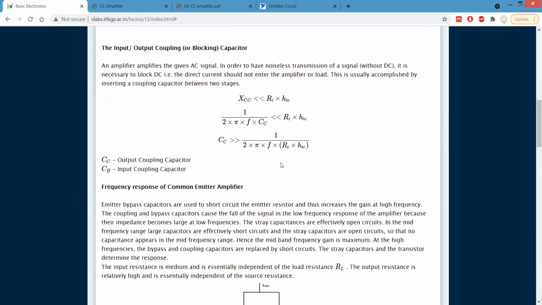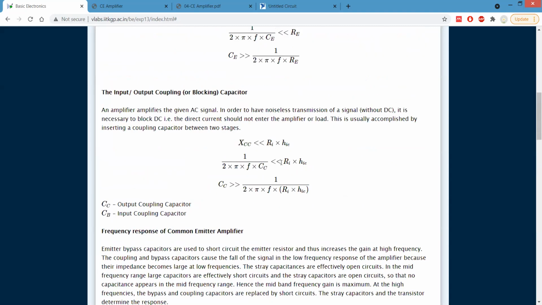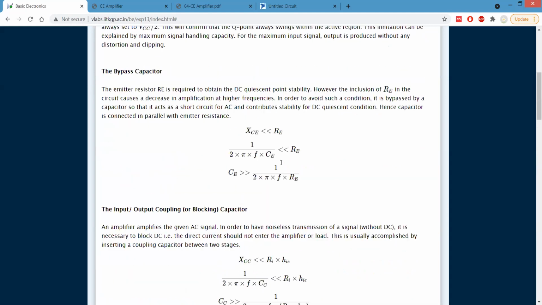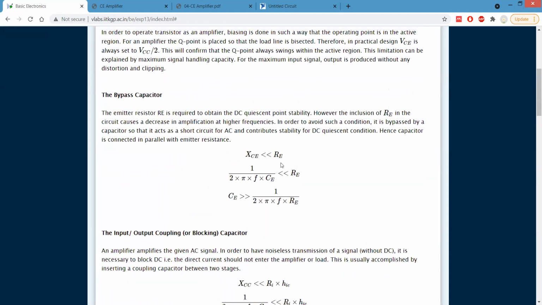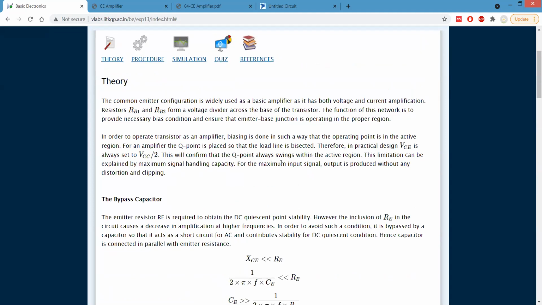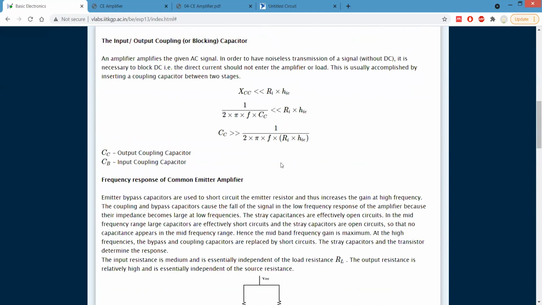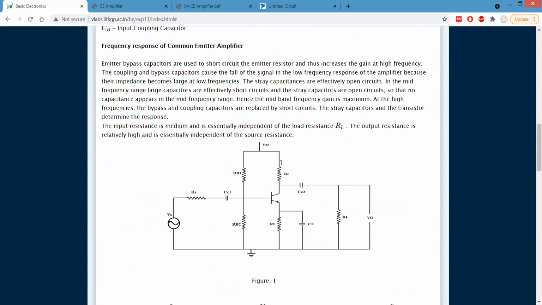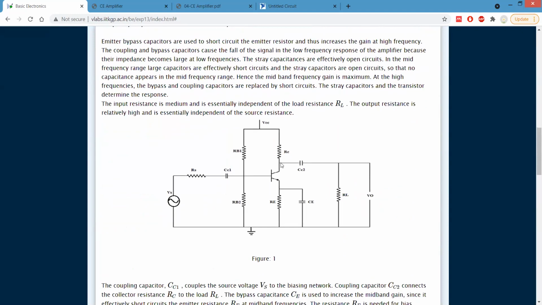One more thing: if you think of an amplifier, then easily you can say it should amplify the signal, whatever the signal may be. But whenever we say it is a signal, it is an AC signal. There are specific properties of a signal: amplitude and frequency, and one more, the phase of that signal.